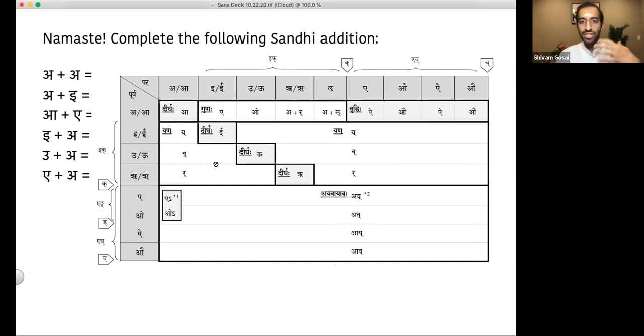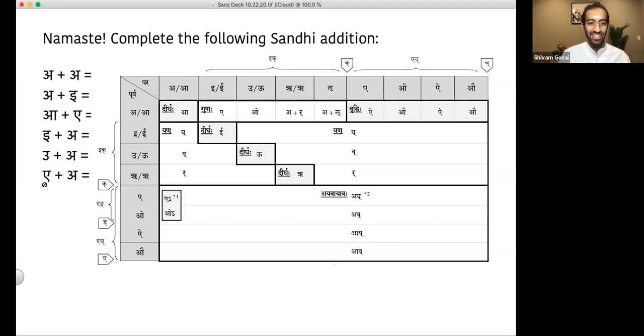So Ik stands for the simple vowels, except for A: I, U, R, L. So when I have I plus A, I have Yakara. Yan Sandhi. When U plus A, I get Va. R plus A, I get that Repha. Okay, Yan Sandhi. So U plus A, Va.